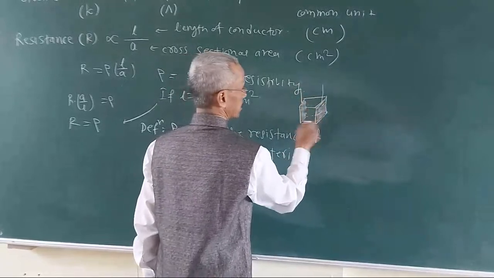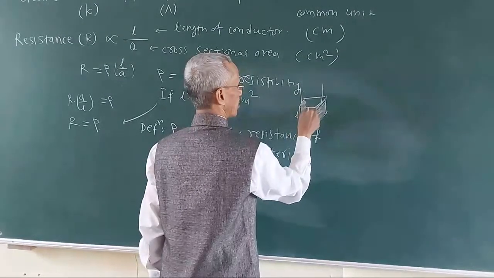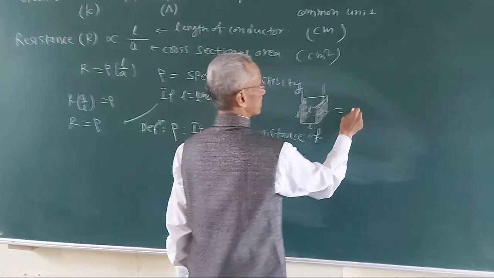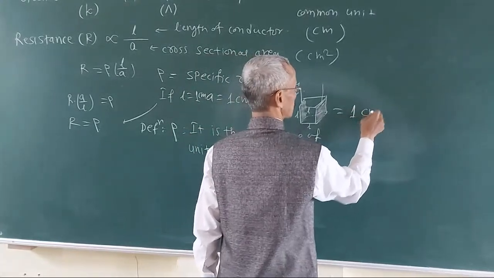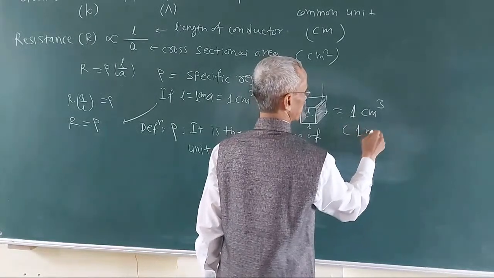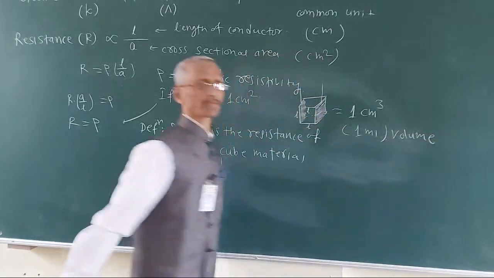Then the length between them is 1 and the area is also 1, so 1 by 1 by 1. So this is nothing but 1 centimeter cube, also called 1 ml volume.